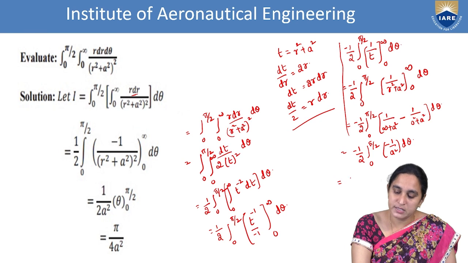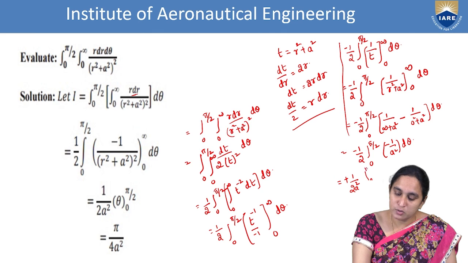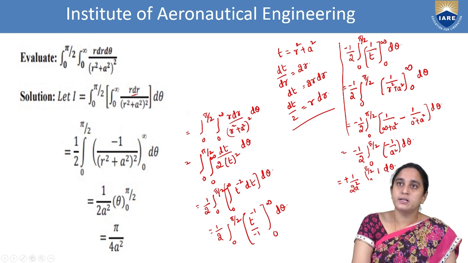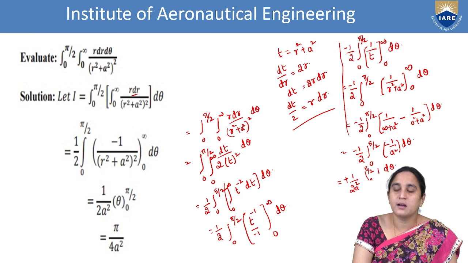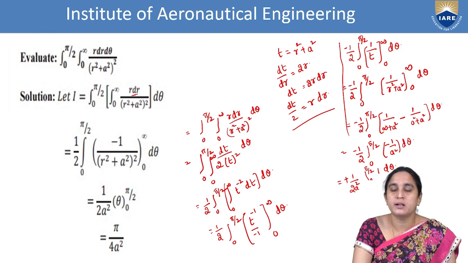So 1 by 2 a square into integral 0 to pi by 2, 1 into d theta. Once you observe, after the integration with respect to r and substituting the limit points, the function is converted in terms of theta.